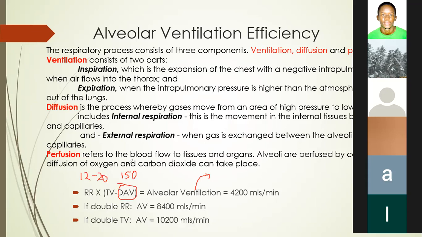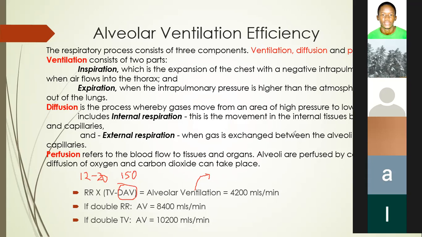So you can easily calculate how much air is moving in and out per minute. This rate is given in breaths per minute, and this is a volume. When you multiply the two, it will give you the total alveolar ventilation, having removed the dead space volume, which is roughly about that value.